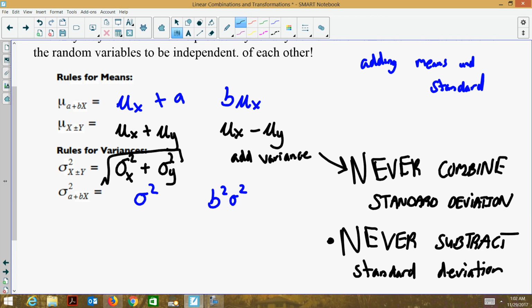If you combine two things by subtracting, to talk about their distance, you have to add them together. So these are important concepts that you will need to practice, but never ever combine standard deviation and never ever subtract standard deviation or variance for that matter. Okay? You only, only, only, only add.